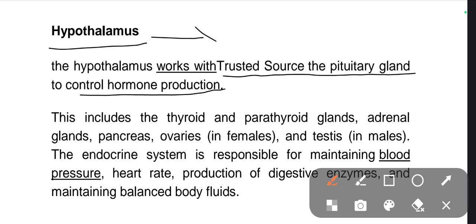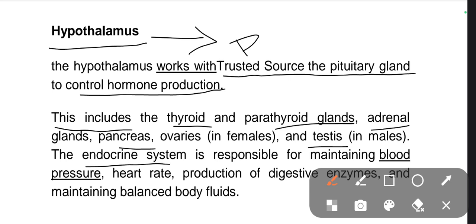This includes the thyroid and parathyroid glands, adrenal glands, pancreas, ovaries, and testes. The endocrine system is responsible for the maintenance of blood pressure, heart rate, production of digestive enzymes, and maintaining balanced body fluid.